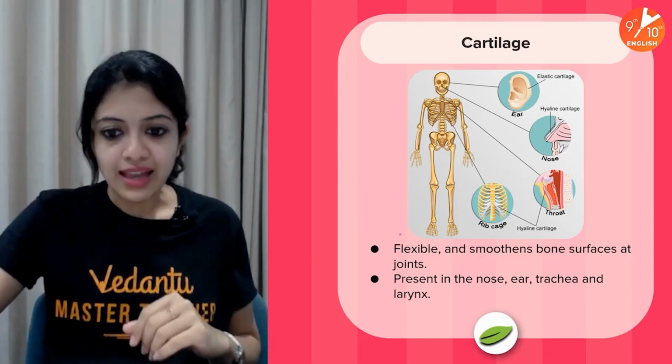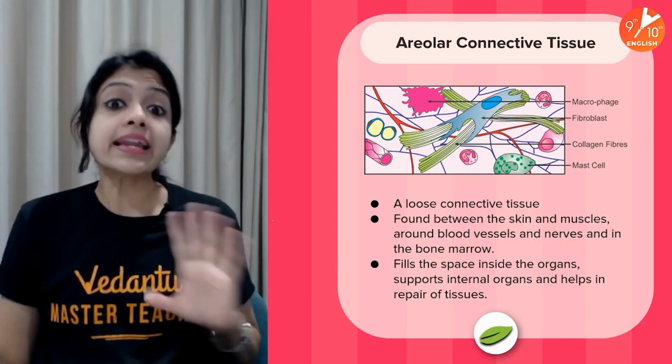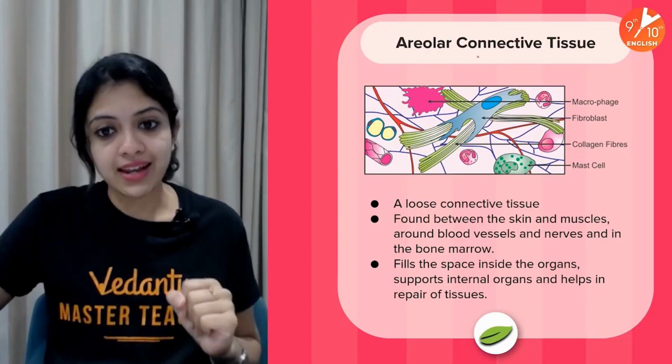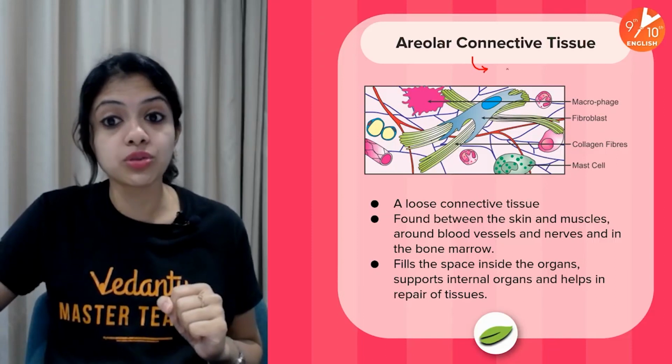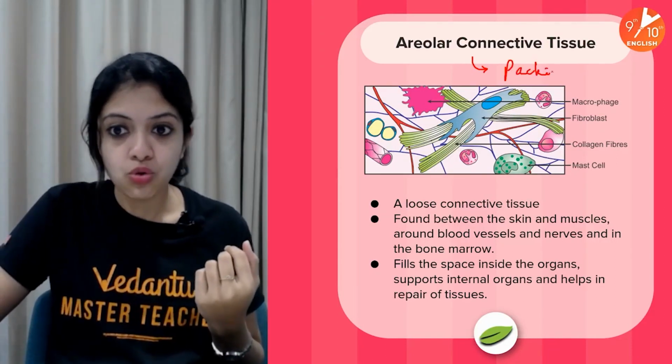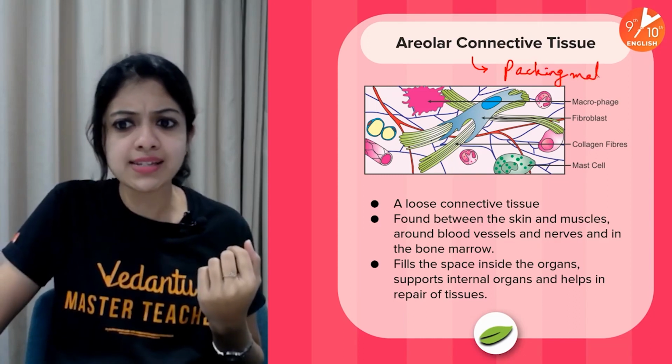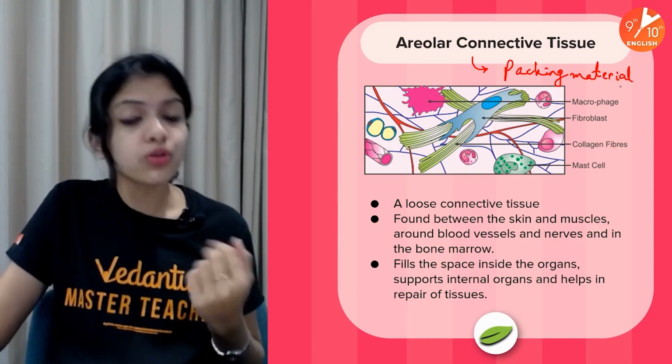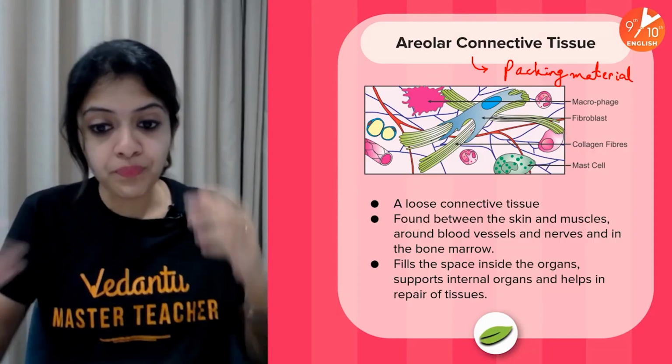Okay, yes. Then comes areolar connective tissue. Now, areolar connective tissue, I want all of you to think of them as packing material. So when I say packing material, what exactly does it do? I think I've told you this when I taught you in detail also.